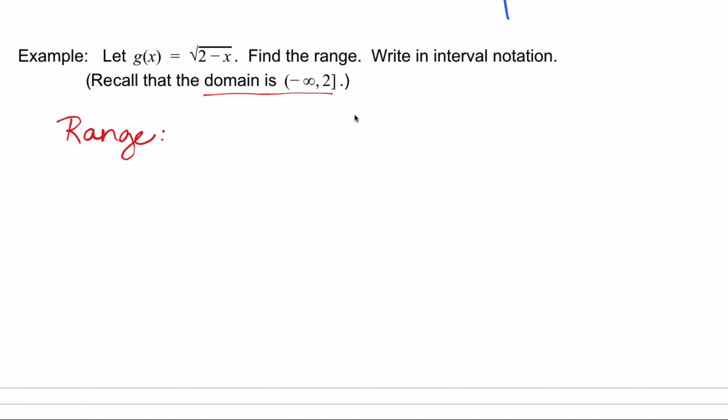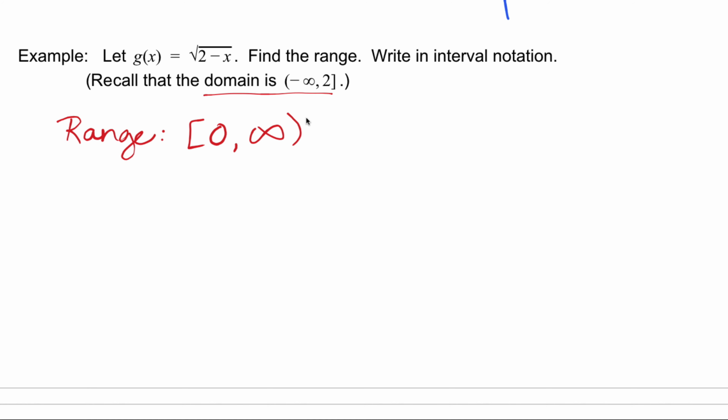Well, when I take the square root of something, what kind of outputs happen? What kind of numbers do I get? I can get positive numbers, and I can get 0. So the range is 0 to positive infinity.